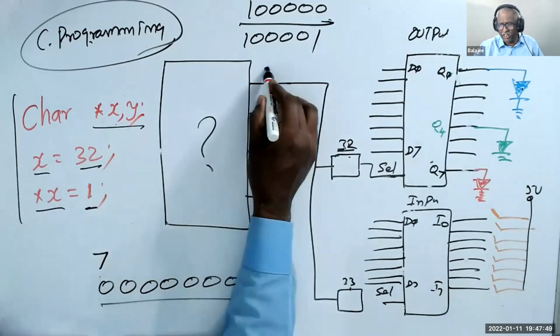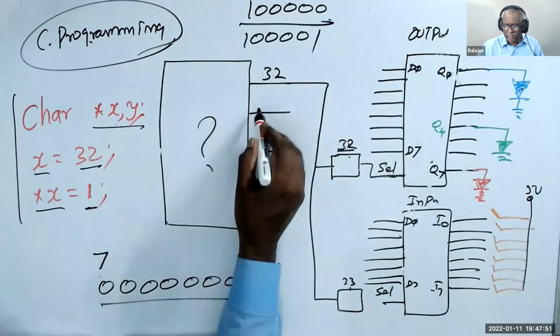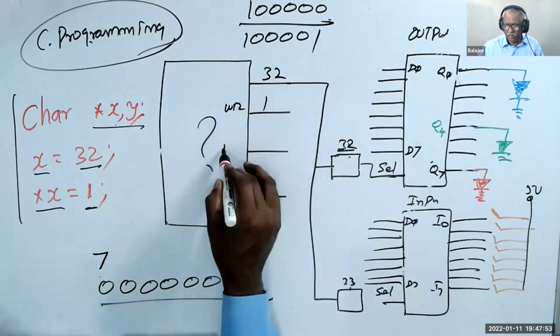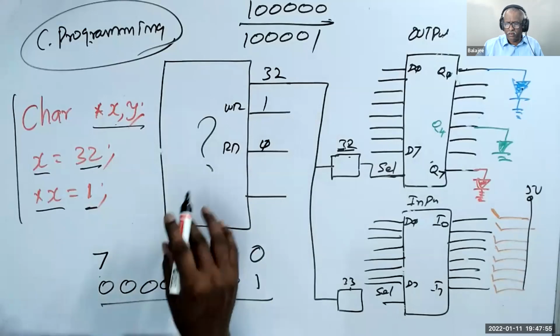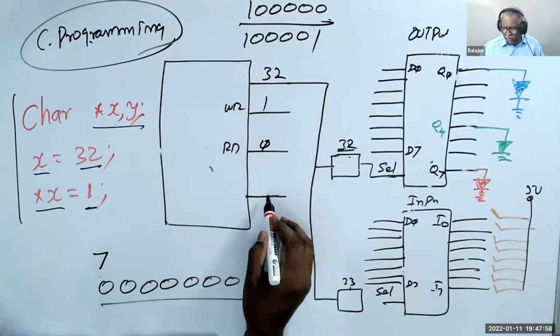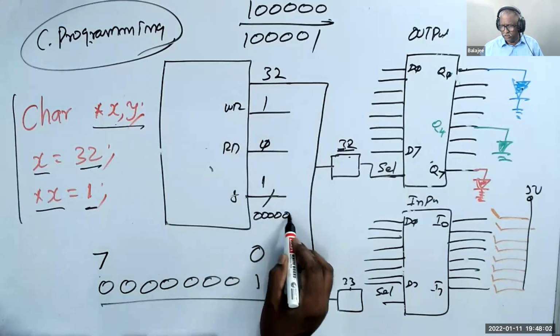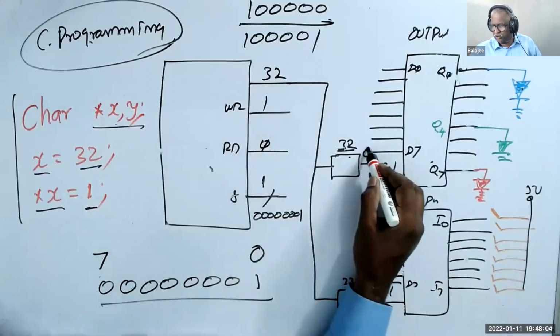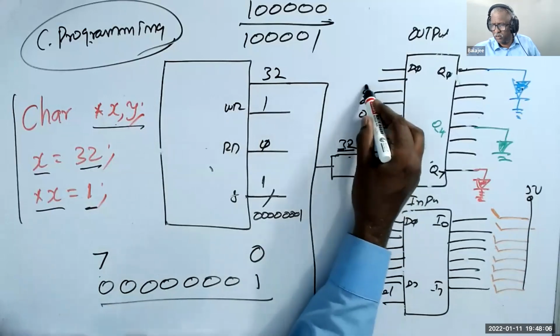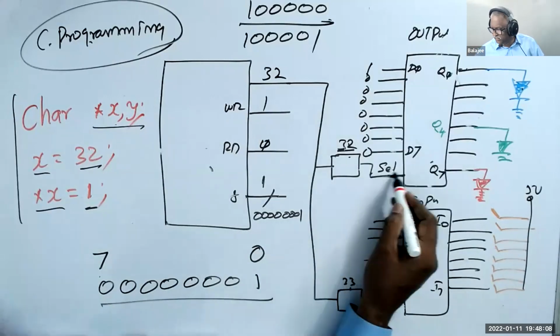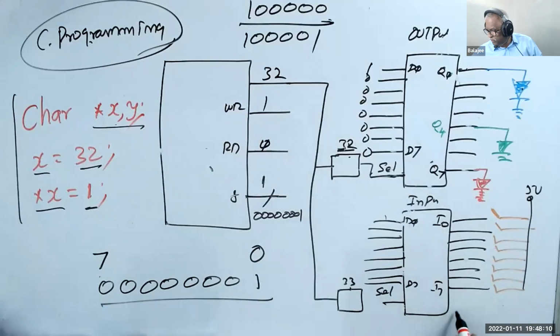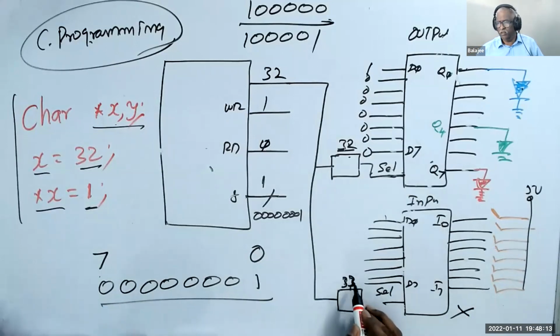Now this guy will give 32. Write as 1. Read as 0. Then data will be 1. That is 00000001. That goes to here, 0000. But only this is selected. This is not selected. So this is off because this guy name is 33. This guy name is 32.